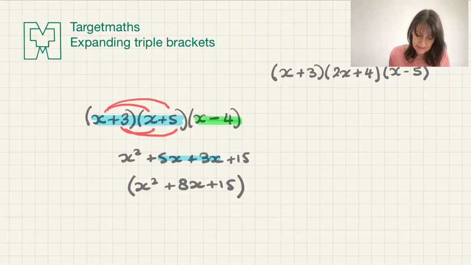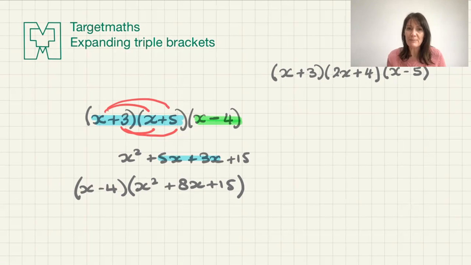So that x minus 4, I'm going to pop in front. And remember, it's absolutely fine to do that because it's all about multiplication. If this expression gave the number 5 and this expression gave the number 1, it wouldn't matter which way round they were. 5 times 1 is 5. So I can move that bracket into the front, no problem whatsoever.